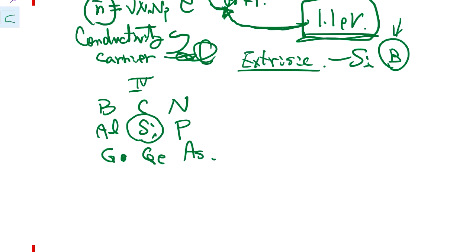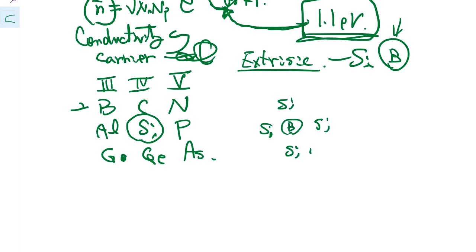This is 3, that means only 3 electrons on the orbit. And this is 5, 5 electrons on the orbit. What happens is, when you mix, say, boron, so boron is inside the silicon crystal, this one orbit has a hole.